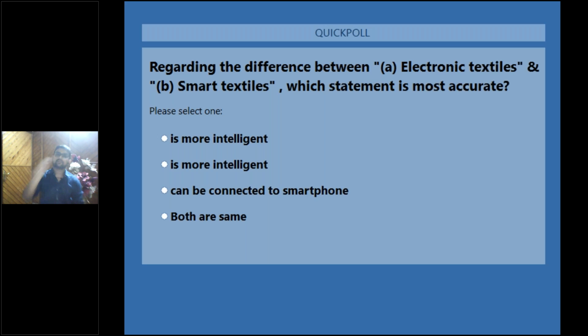The question is regarding the difference between part A, electronic textiles, and part B, smart textiles. Which statement is most accurate? A is more intelligent, B is more intelligent, can be connected to a smartphone, both are same.